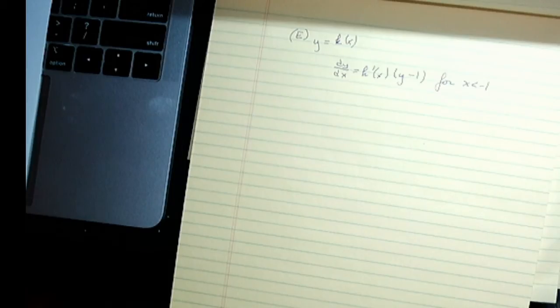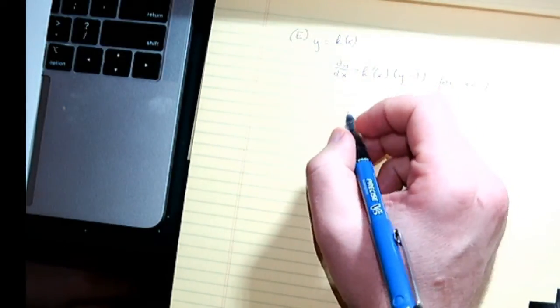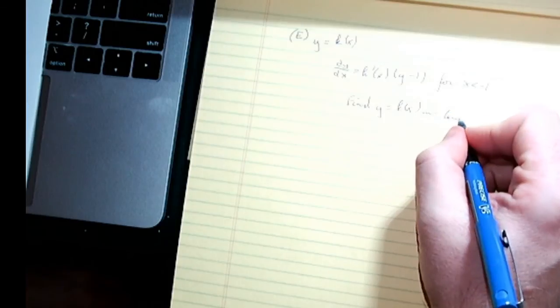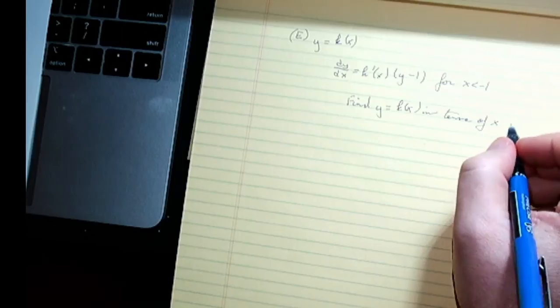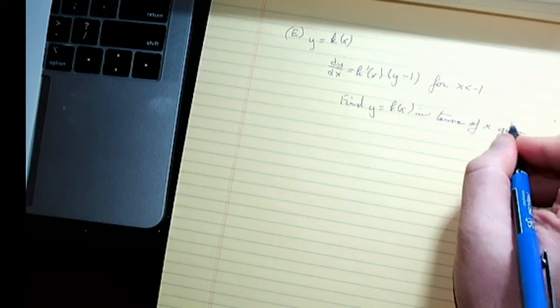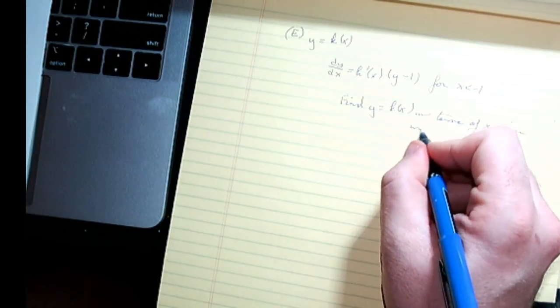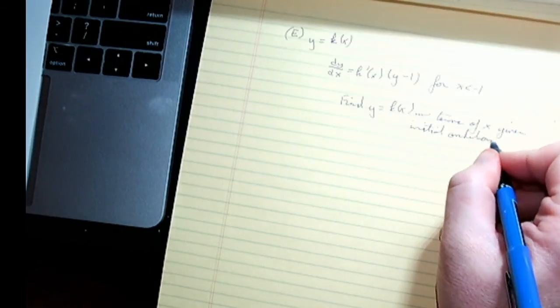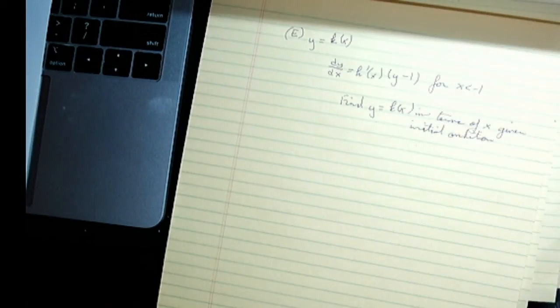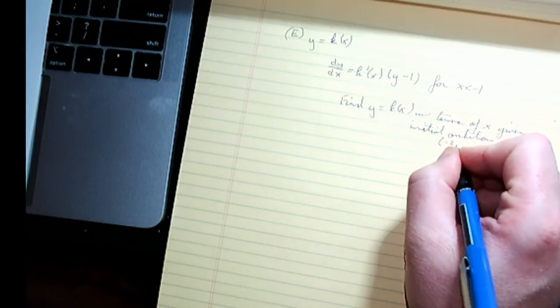Find the particular solution y equals k of x in terms of x, given the initial condition minus 2 comma 2.